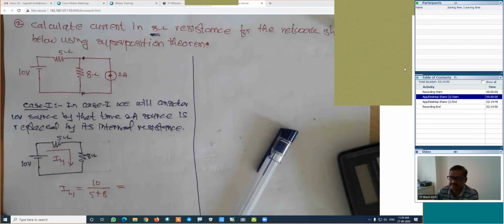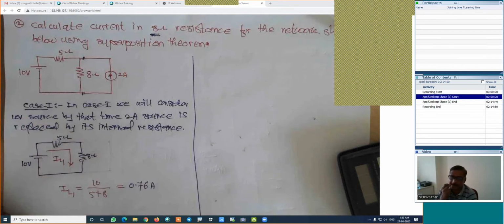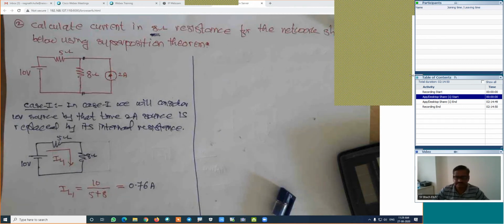Akash. 0.76. It is 0.76 amperes. Is it right? 0.76 amperes. Avinash. Correct है? Yes, sir. Correct है. छाया, अभी आ गया ध्यान में? Yes, sir. Correct. Okay, fine. The answer is correct.